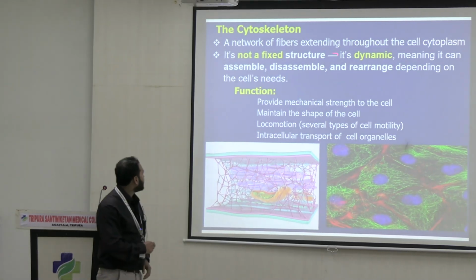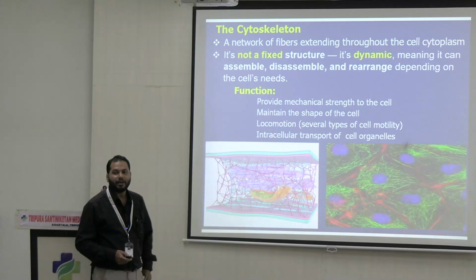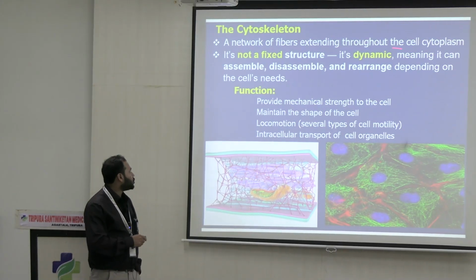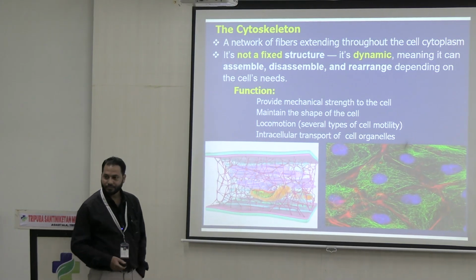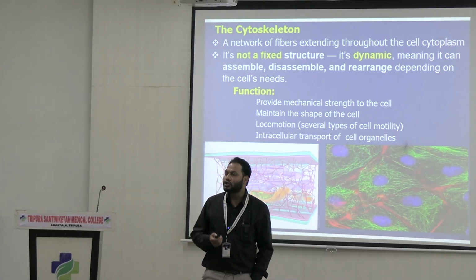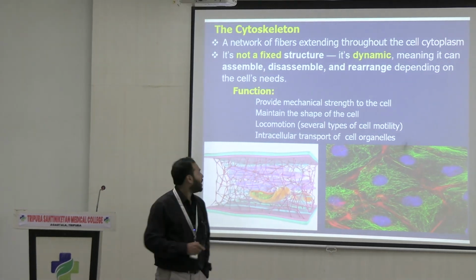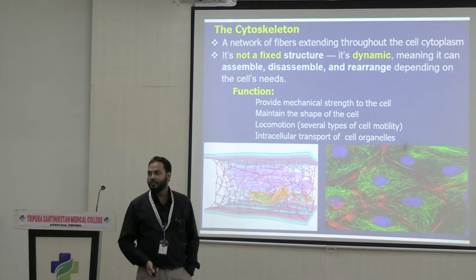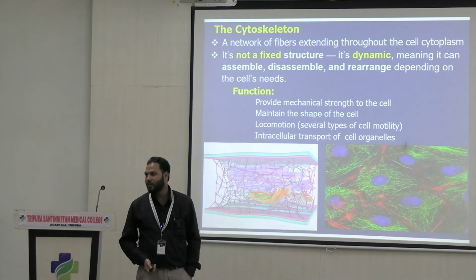At the very beginning, what is the basic definition of cytoskeleton? The cytoskeleton is a network of fibers extending throughout the cell cytoplasm. The most important thing is that the cytoskeleton is not a fixed structure. It is very dynamic.